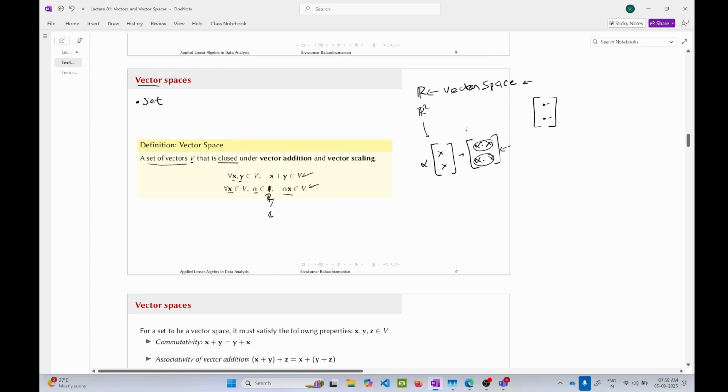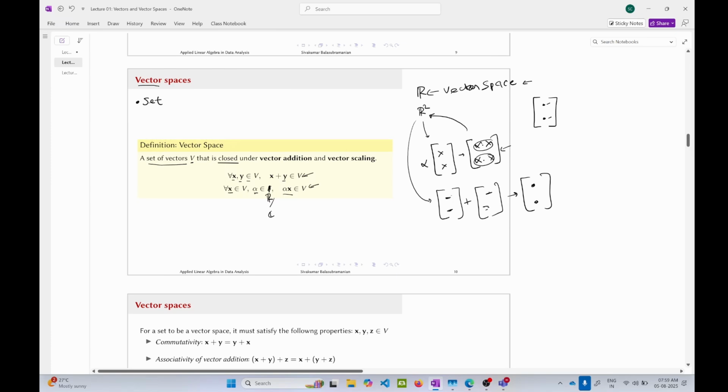If you do scalar multiplication, you will find the resulting element in R2. Similarly, if I take two vectors from R2 and add them, I add the individual elements together, essentially adding two real numbers. Addition of two real numbers gives you a real number. That means what results is of this form, with two real numbers, so it has to be found in R2, because that's the definition of R2.